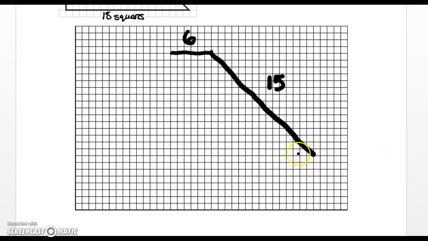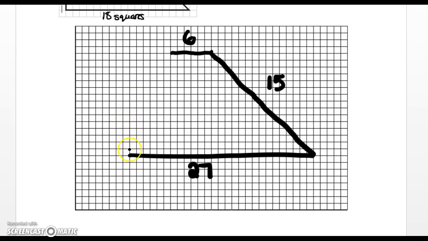So I have 1, 2, 3, 4, 5, 6, 7, 8, 9, 10, 11, 12, 13, 14, 15, 16, 17, 18, 19, 20, 21, 22, 23, 24, 25, 26, and 27 is right here. Put a little dot there just so I can mark my place. So that there should be 27 squares in total.